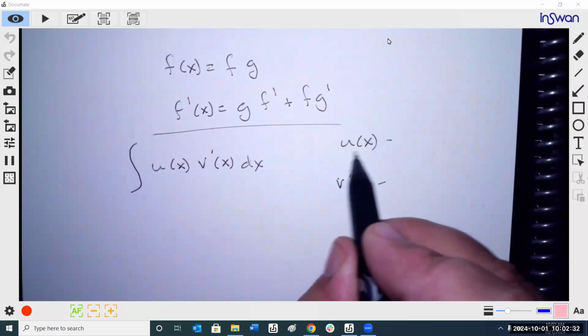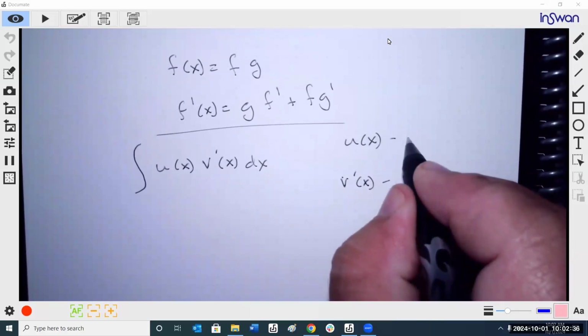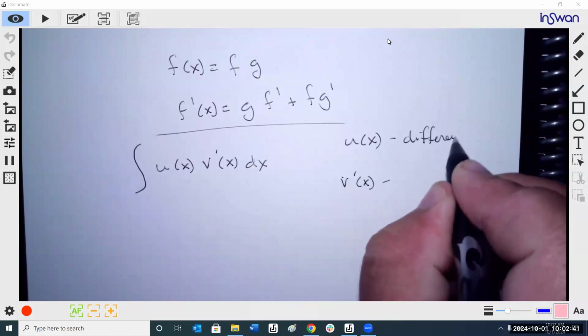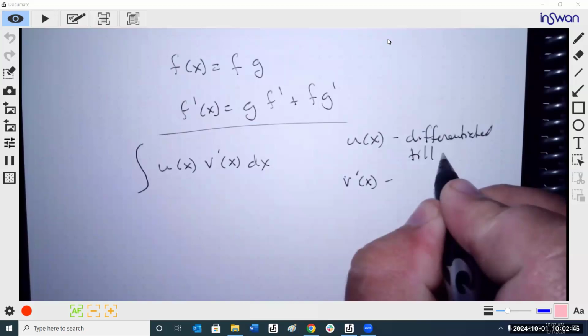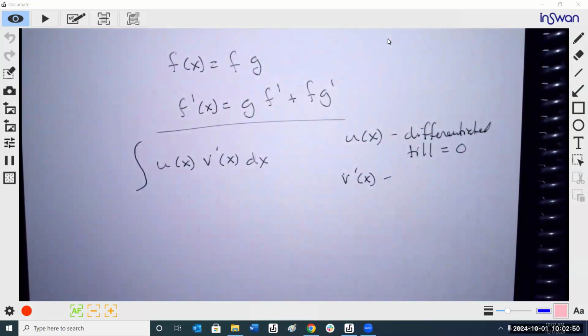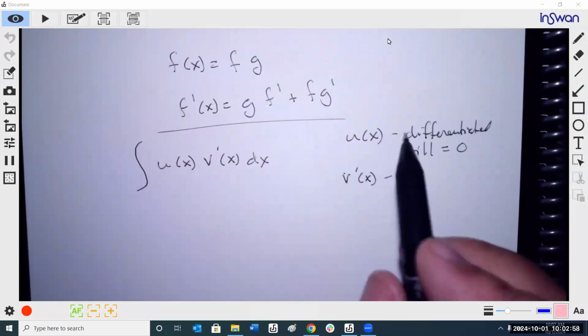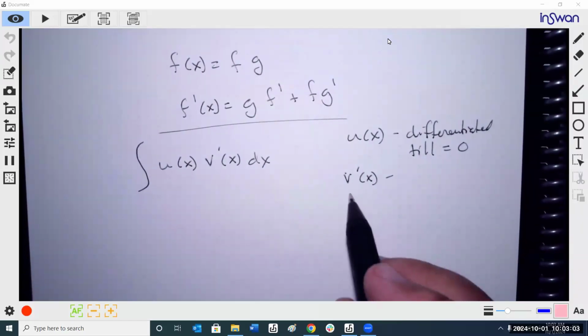Well, the u function can be differentiated till it becomes 0. In other words, it's finite, like x squared. First derivative is 2x. Next derivative is 2. Next derivative is 0. So if you're given an option, look for one that's differentiable till it goes down to 0.